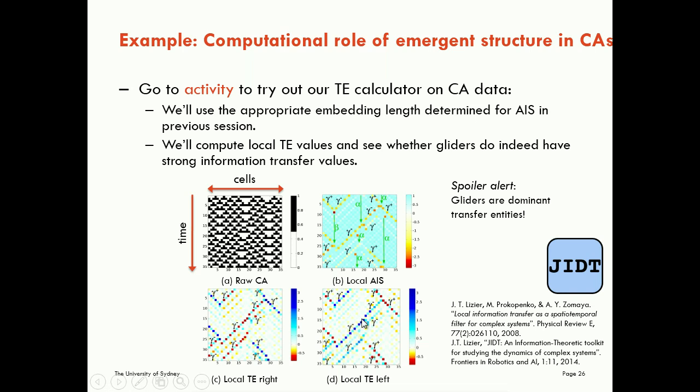So for a glider that's moving to the left, the background becomes unpredictive. In fact, it becomes misinformative, as we can see in the active information storage plot. However, the source in the glider that was about to come in tells us that we're going to get that particular state in the context of the past, and that's why there's a very strong information transfer there as measured by the transfer entropy.